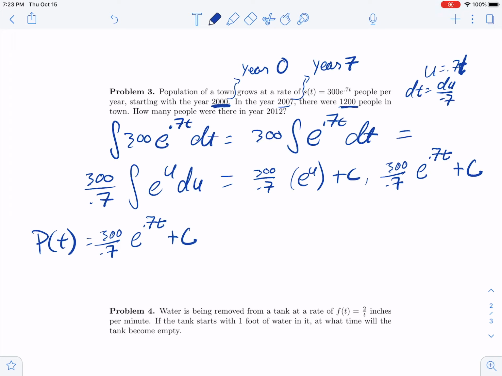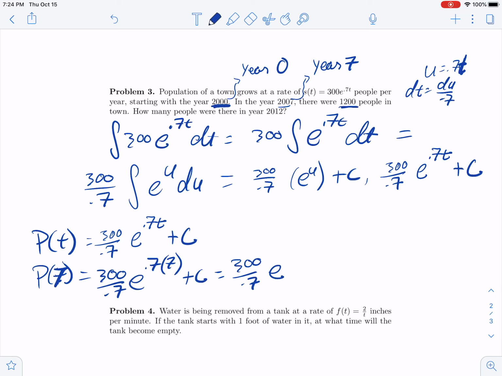There's that many. So I can say P of 7 is 300 over 0.7 e to the 0.7 times 7 plus c, which is 300 over 0.7 e to the 1.4 plus c.